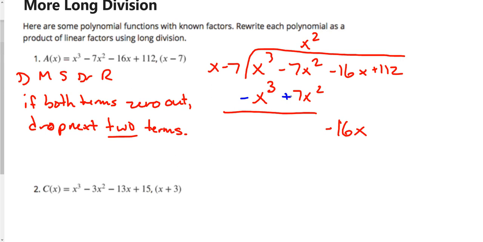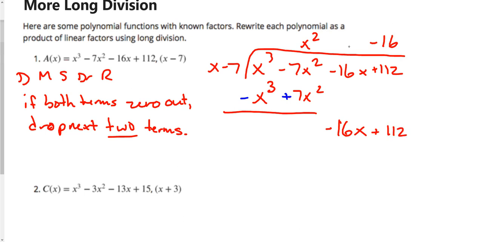And the other thing is, if you try to divide with just the one term, yeah, you're going to get a minus 16. Okay? You're going to get the minus 16, but the problem is you're going to get this 112, and it's not going to have anything to combine with. So you're going to have to bring the next 2 terms down anyway. So we're going to bring 2 terms down.